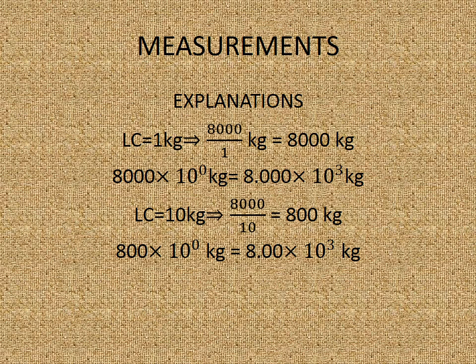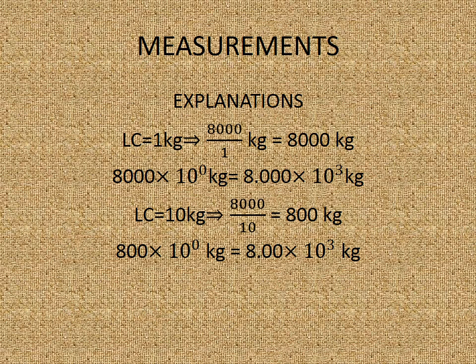Now according to the rules, there should be one digit before the point, so we can write it as 8.000 into 10 to the power 3 kilogram. In this way we can see that there are 4 significant figures in this measurement.